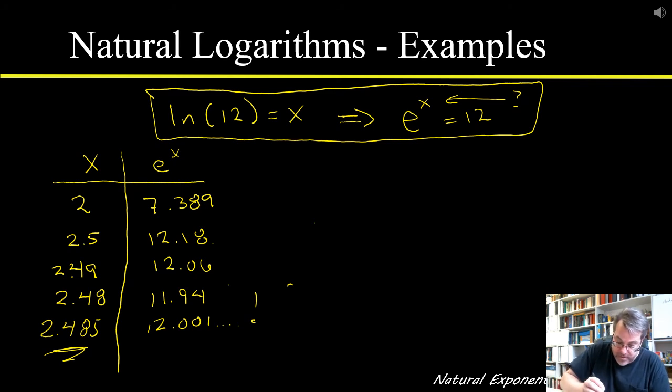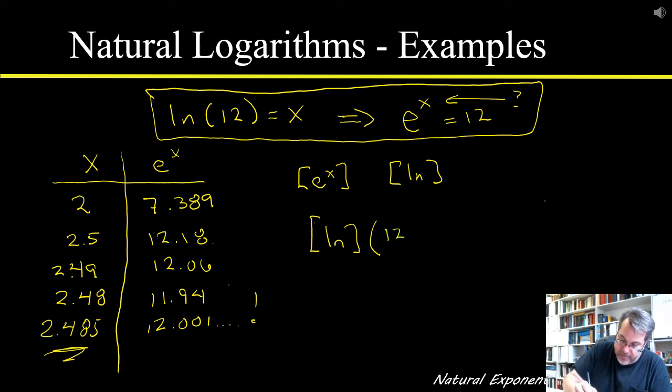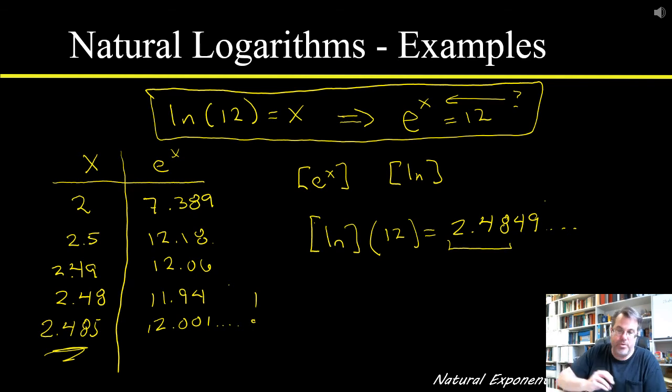But, of course, we've all got calculators, and the calculator has a natural log key, just like it has the e to the x key, which looks like L and N. Find the Ln key, type in Ln, put 12 in parentheses, close parentheses, hit enter, and I got 2.4849, and so on, so rounding, 2.48.